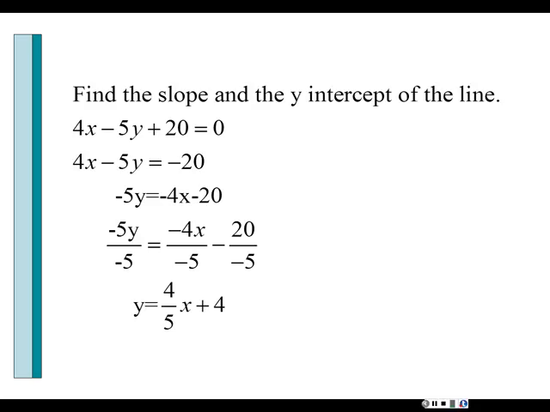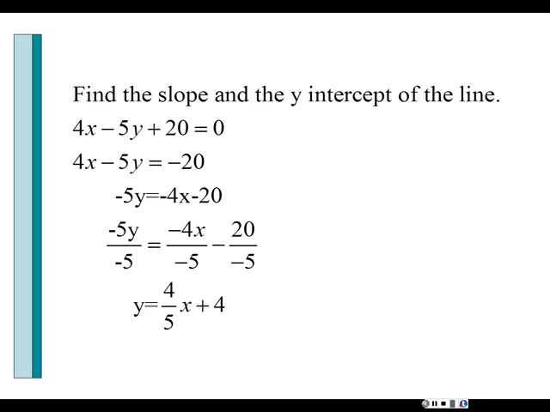We first subtracted 20 from both sides so that we can get rid of 20. Then we subtracted 4x from both sides, and we got rid of this 4x.